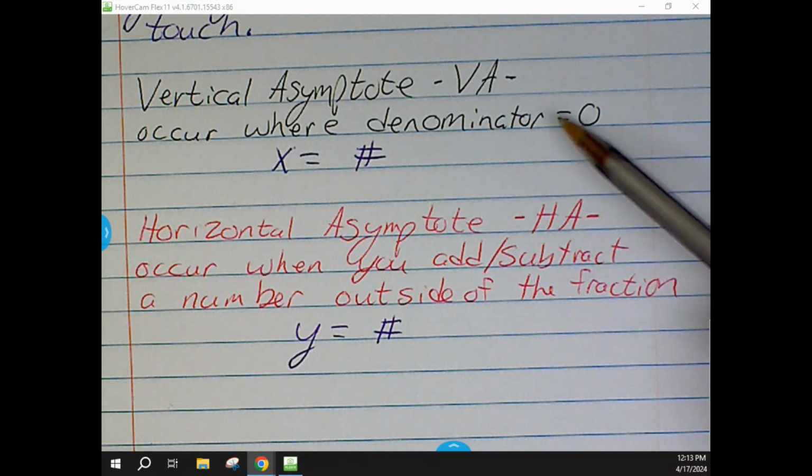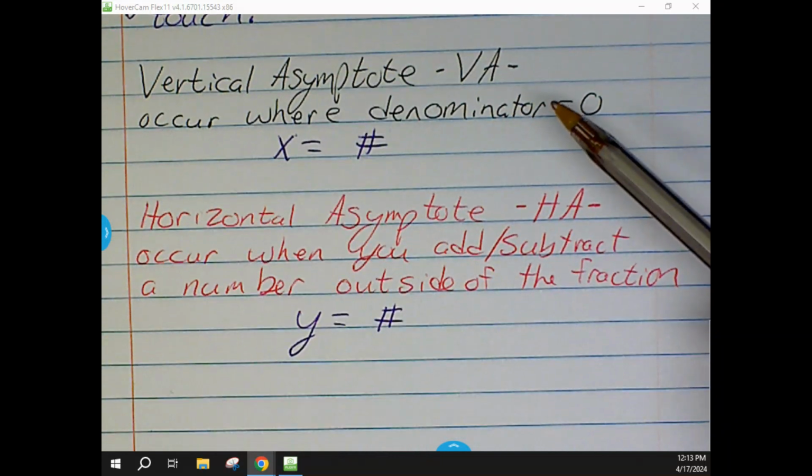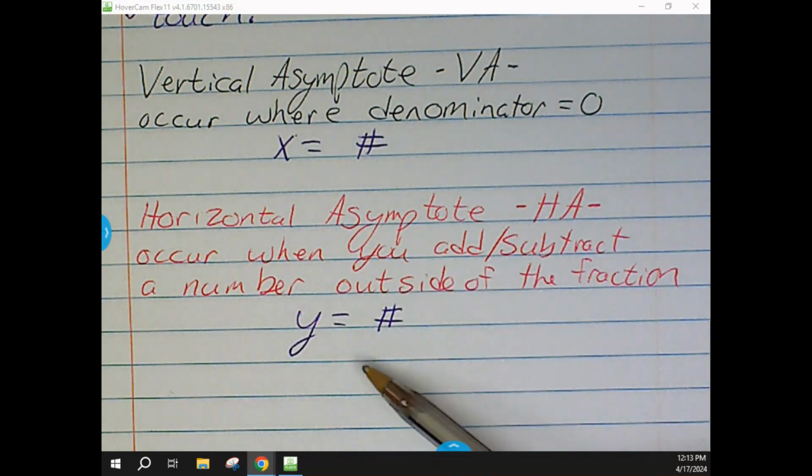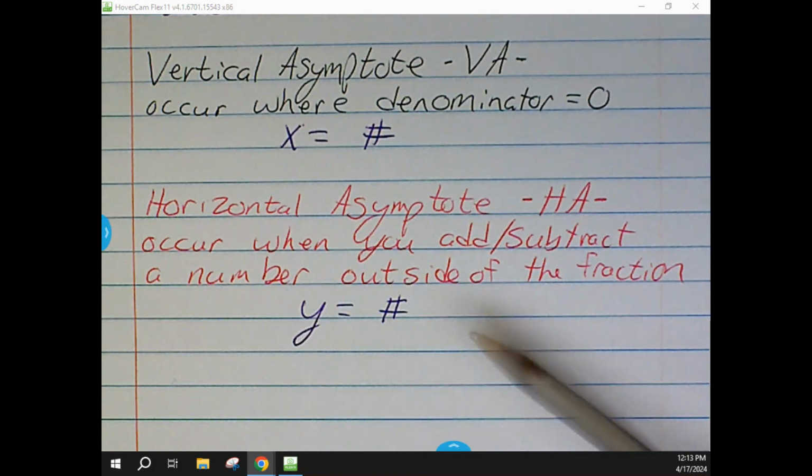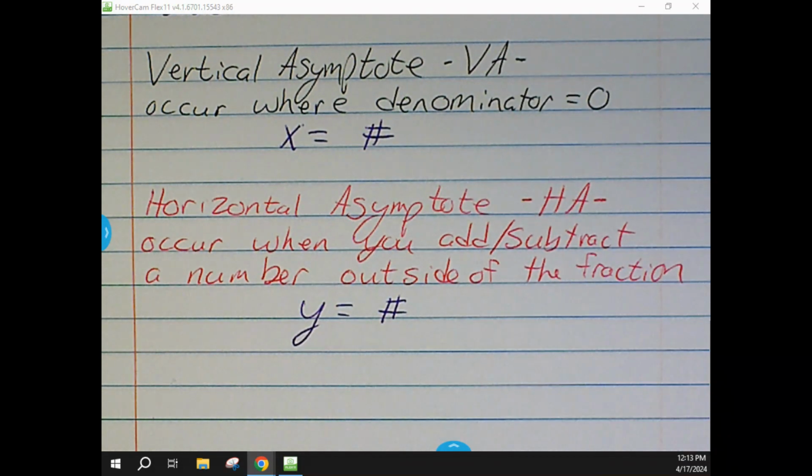Vertical asymptotes are x equals every time. Horizontal asymptotes are y equals every single time. And finding these two numbers is going to be really easy. We just have to know what they are and how to get there as we go through these things.